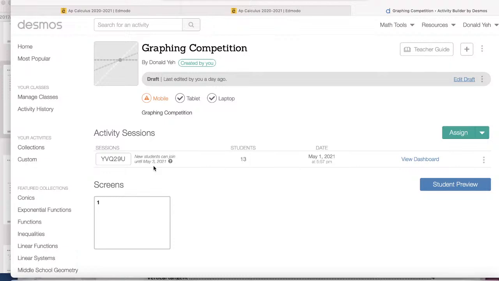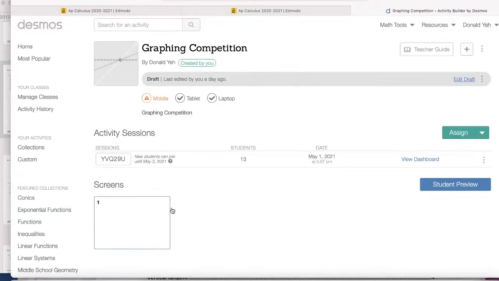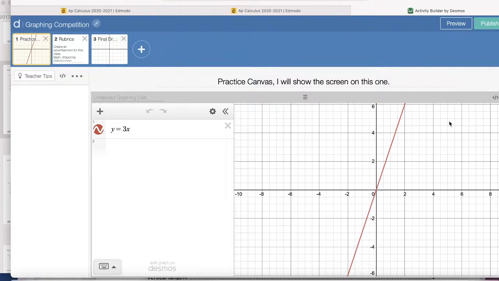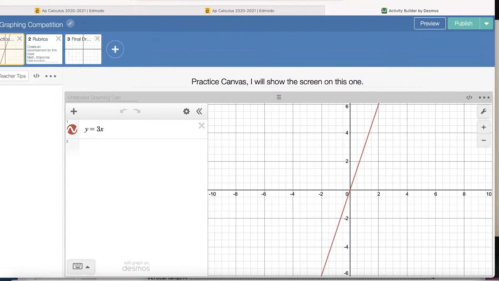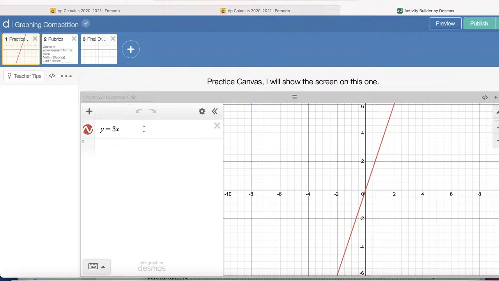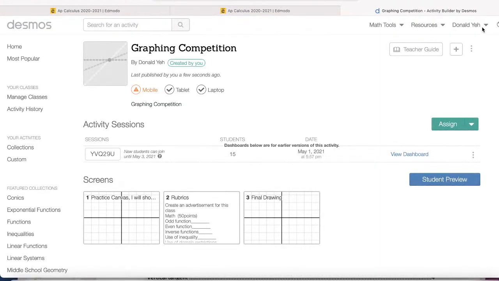Oh, you didn't save. Great. Oh, it didn't publish. So let me publish first. Can you refresh to see? It looks the same. Same for me as well.